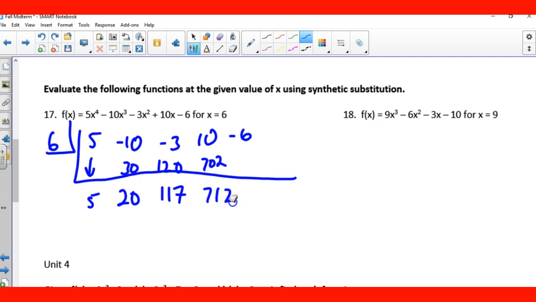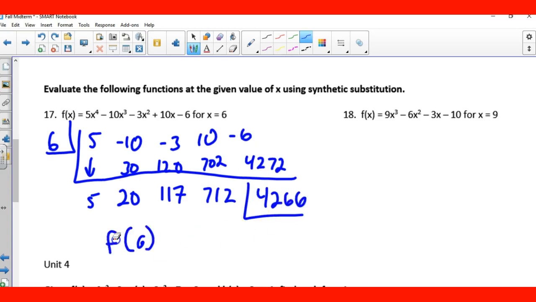And then 712 times 6 is going to be 4,272. And then negative 6 plus 4,272 is going to be 4,266. Like that. So f of 6 equals 4,266. Just like that, okay?